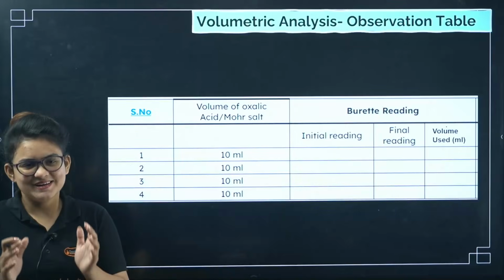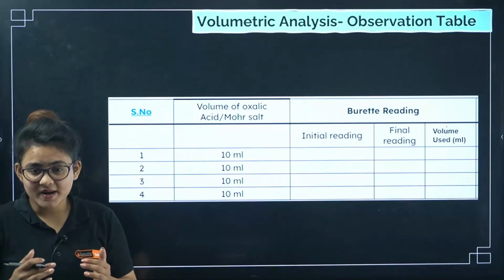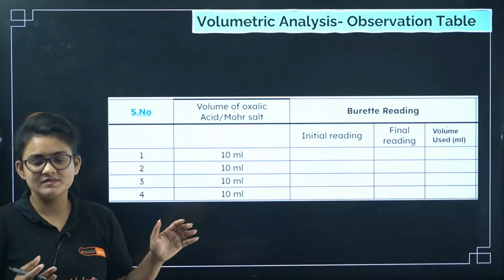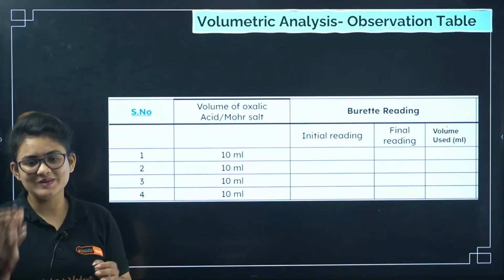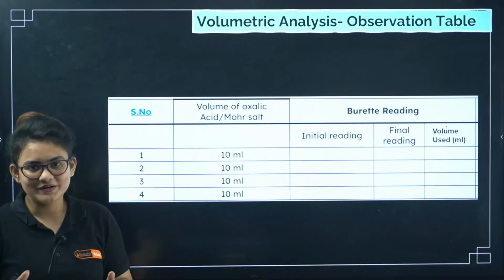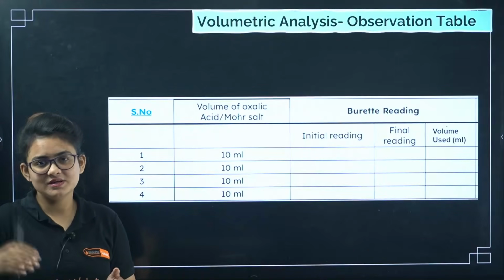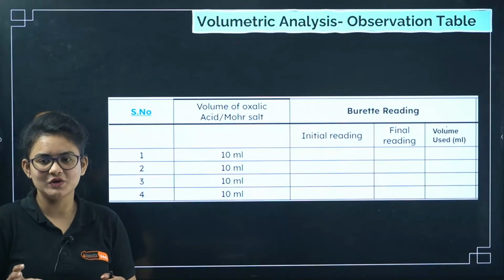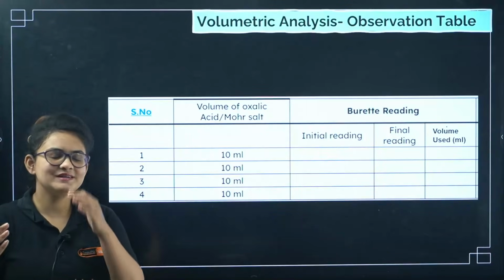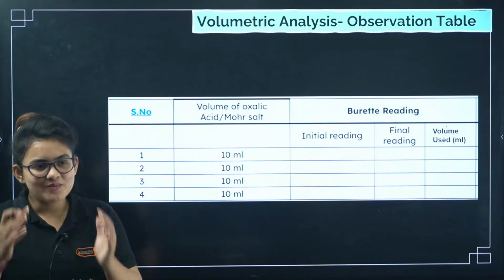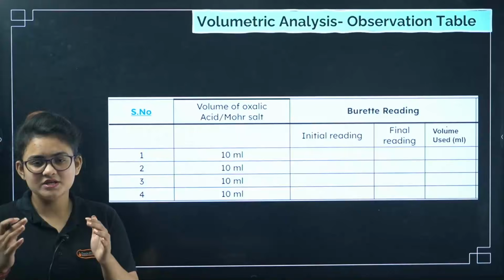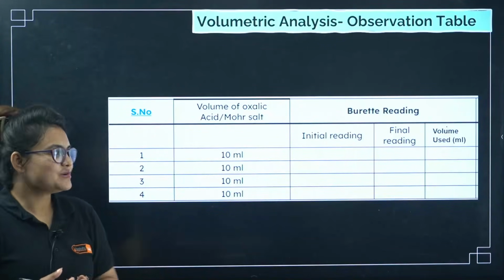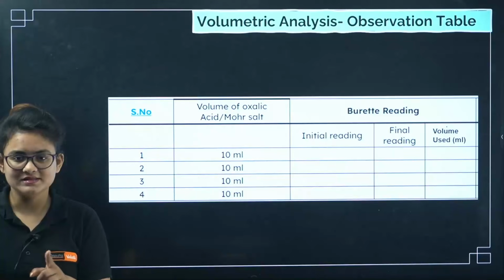Please don't do this. Be self-dependent, don't depend on your friends. In the practical examination your impression matters a lot, because the examiner who comes is from outside, usually called the external, and he doesn't know you. So your overall impression during the lab matters a lot. Make sure you are carrying your own things.